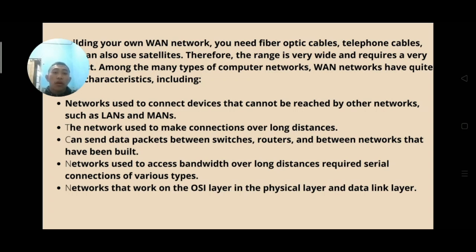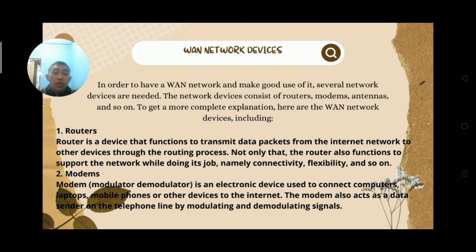And then network used to access bandwidth over a long distance required serial connection of various types. And the last one, network that work on the OSI layer in the physical layer and data link layer.